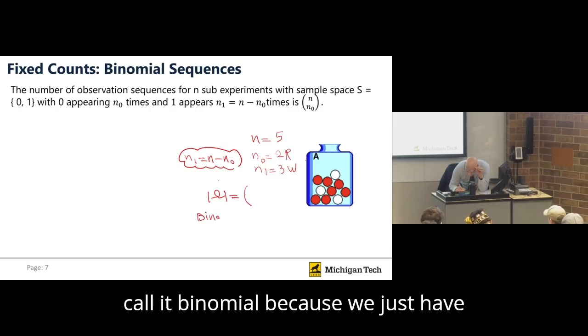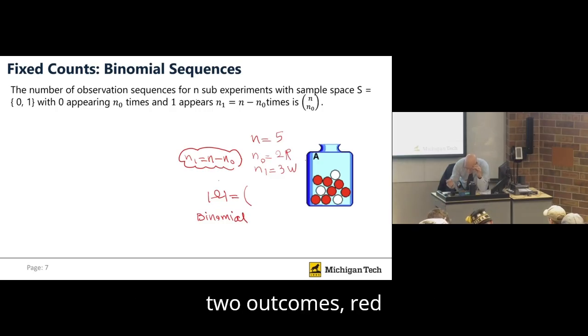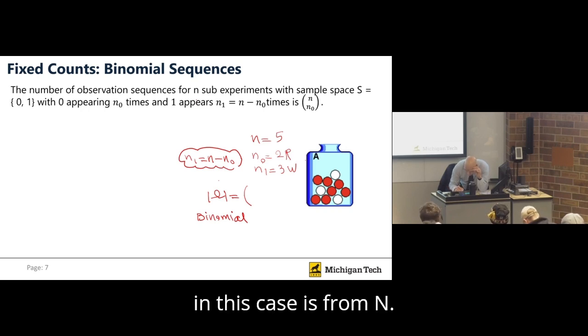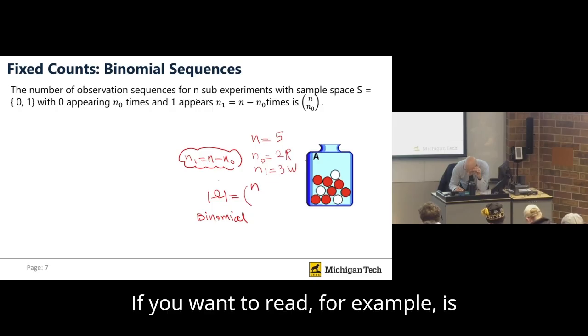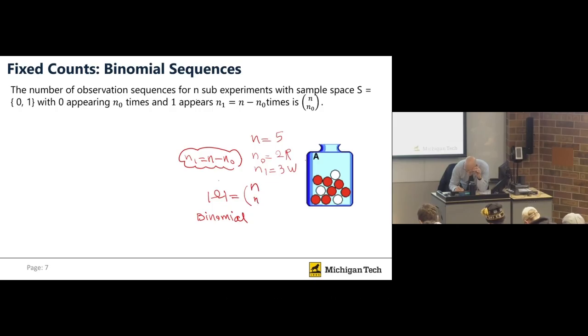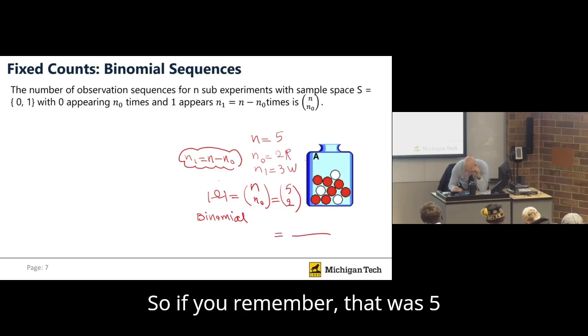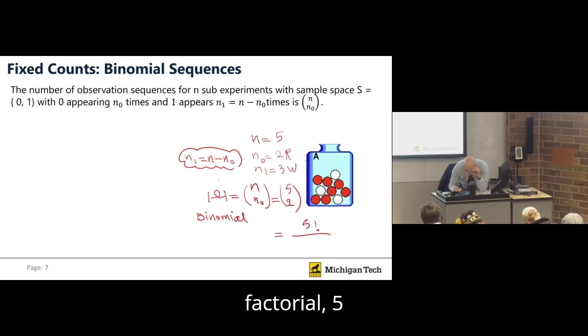We call it binomial because we just have 2 outcomes, red or white. So if you want 2 red, it's 2 from 5. If you remember, that is 5 factorial over 5 minus 2 factorial and 2 factorial. So this is a binomial.